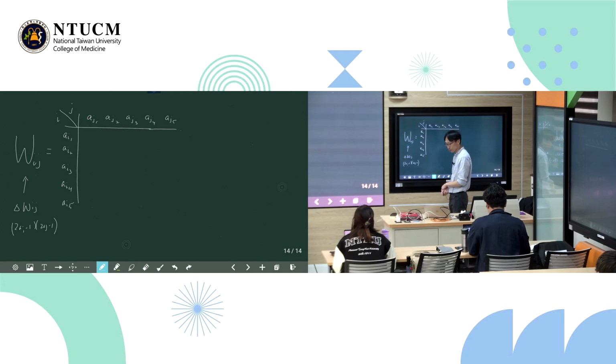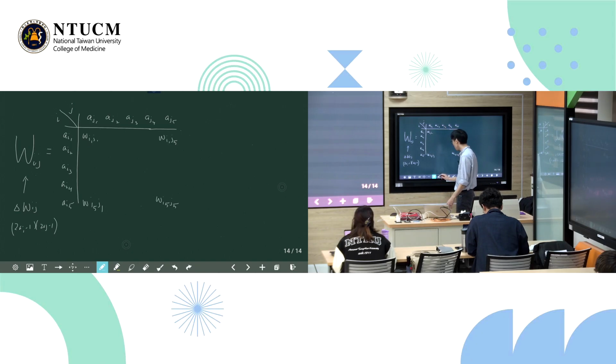And remember, each of these would be the W I1, J1, and this is W I5, J5. And this is W I1, J5. And this is W I5, J1. No problem, right? All this array, these are the positions.